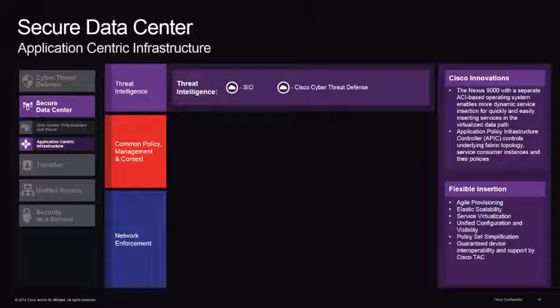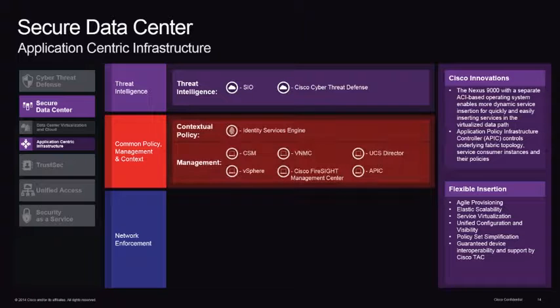Within the ACI offering, Cisco SIO and Cisco Cyber Threat Defense work together to deliver network traffic analysis and proactive threat intelligence. Like the data center virtualization solution, the ACI offering includes ICE, CSM, VNMC, UCS Director, vSphere, and the Cisco Firesight Management Center.